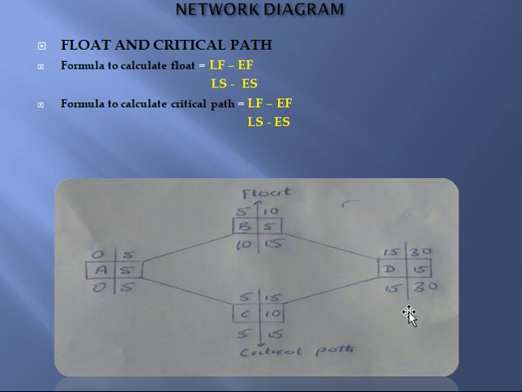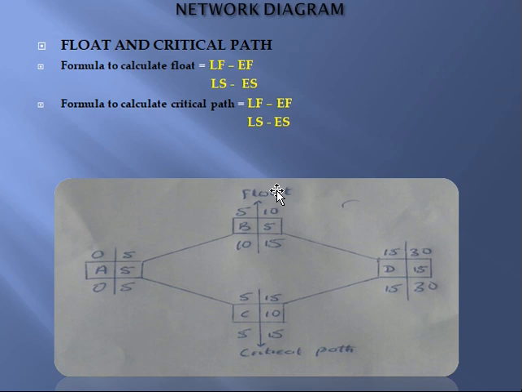Now if you come to activity B, if you minus this early finish from this late finish, you get what? 5, which is 15 minus 10, you get 5. You're supposed to write the 5 here.